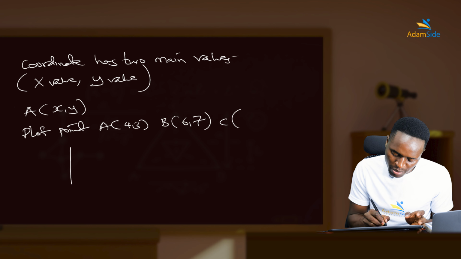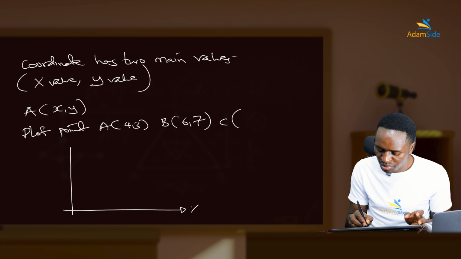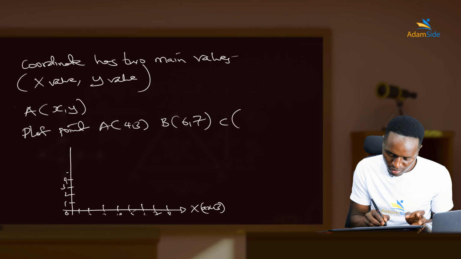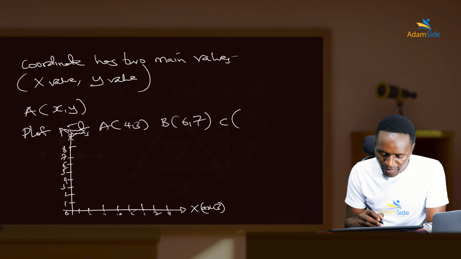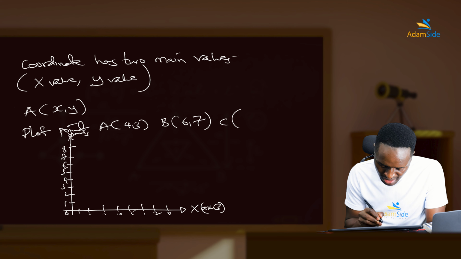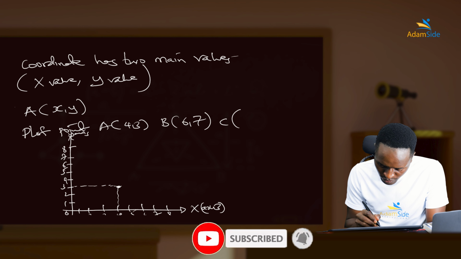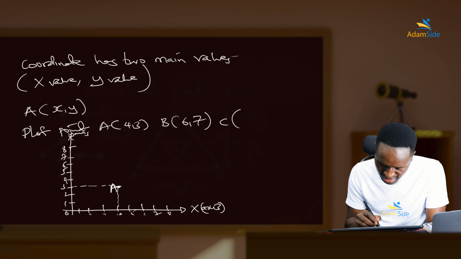You come here and you have your Cartesian plane, the x-axis with 0, 1, 2, 3, 4, 5, 6, 7, 8, and then here you have 1, 2, 3, 4, 5, 6, 7, 8 on the y-axis. Now you plot point A, which is at (4, 3). This is point A.